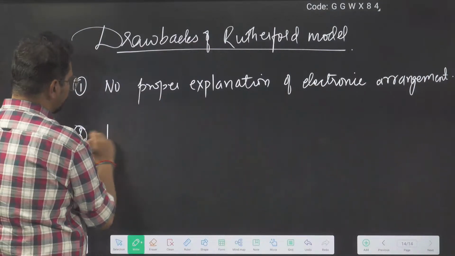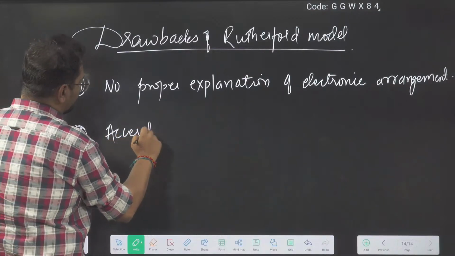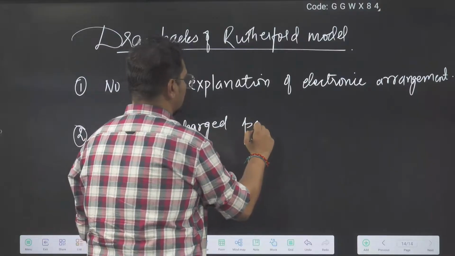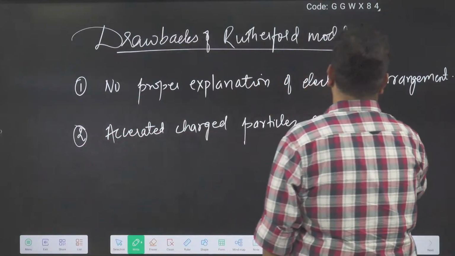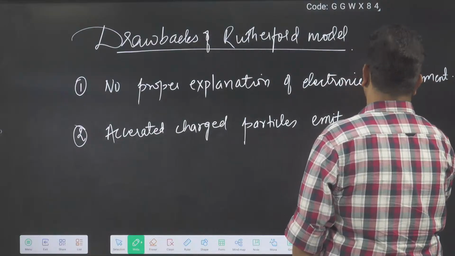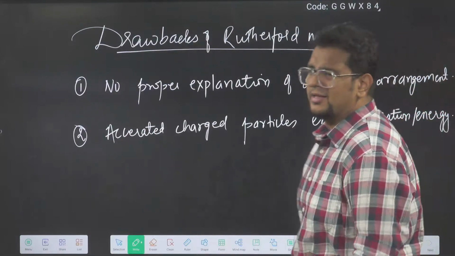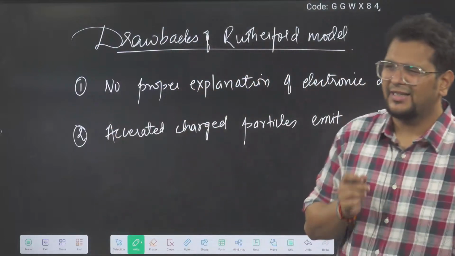Drawback number 2. An accelerated charged particle emits radiation, energy. This you might have studied in physics last year too.